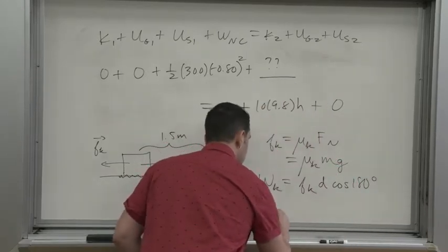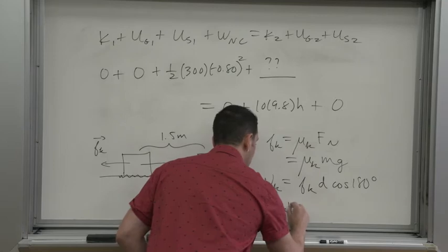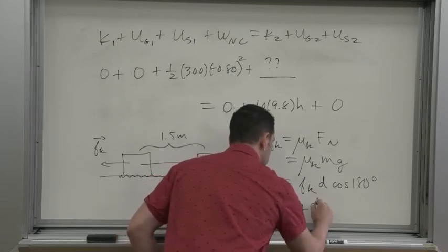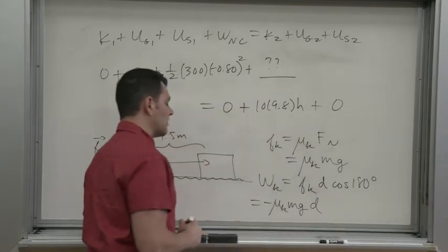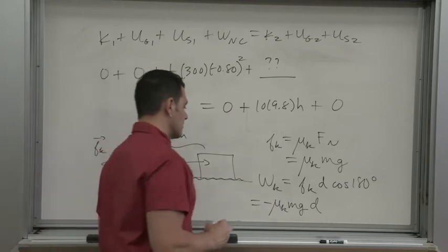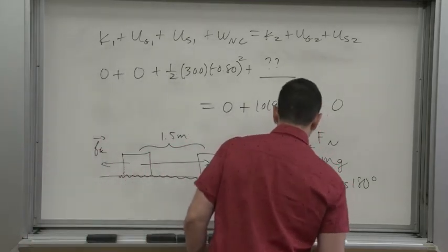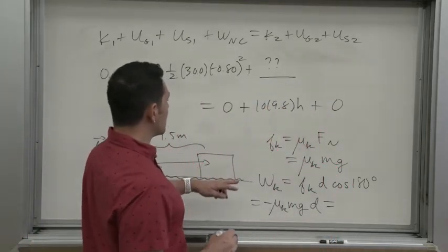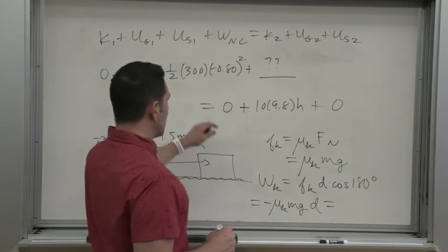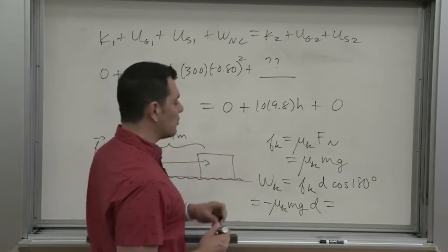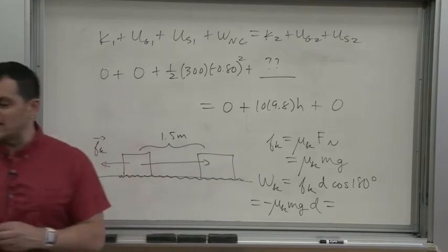So this is minus mu kinetic m g d. The minus sign comes from the cosine of 180. Mu kinetic is 0.4, m is 10, g is 9.8, and d is 1.5.